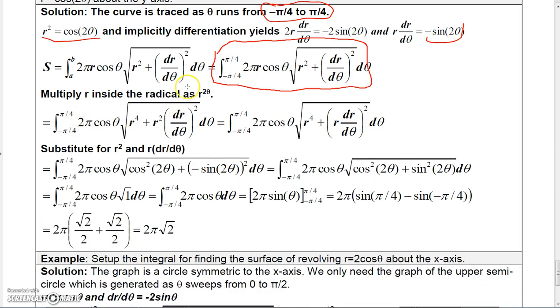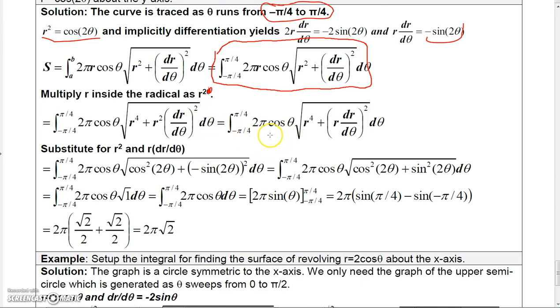Now I'm going to take that r and move it inside the radical, and it'll become r squared. So if I put it inside, I get r to the 4th plus r squared dr over d theta quantity squared.